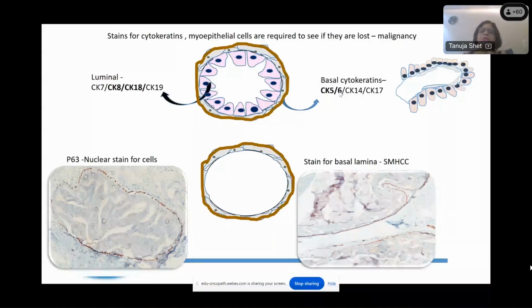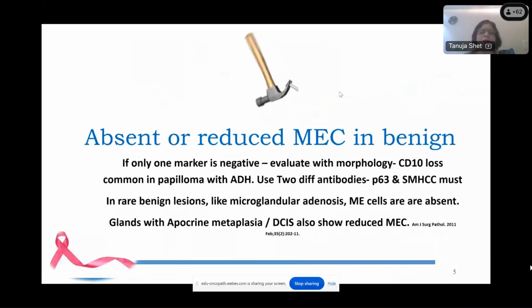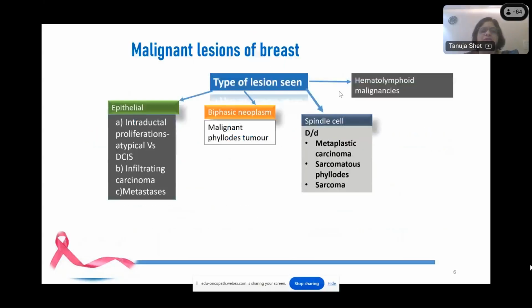That means there is not much monotony happening, there is no clonality happening. So I'm talking about a benign lesion. That's the principle behind using these cytokeratins. Remember, absence of myoepithelial cells does not mean that there is cancer, because anything atypical results in loss of myoepithelial cells. So please remember that, and remember to use these two antibodies, P63 and smooth muscle heavy chain myosin.